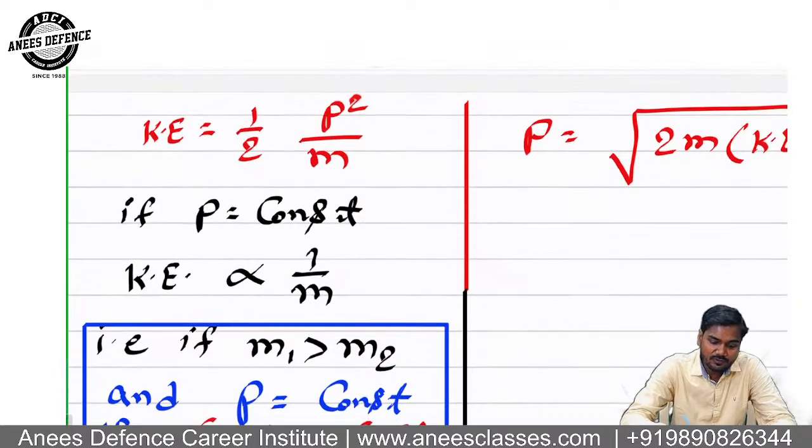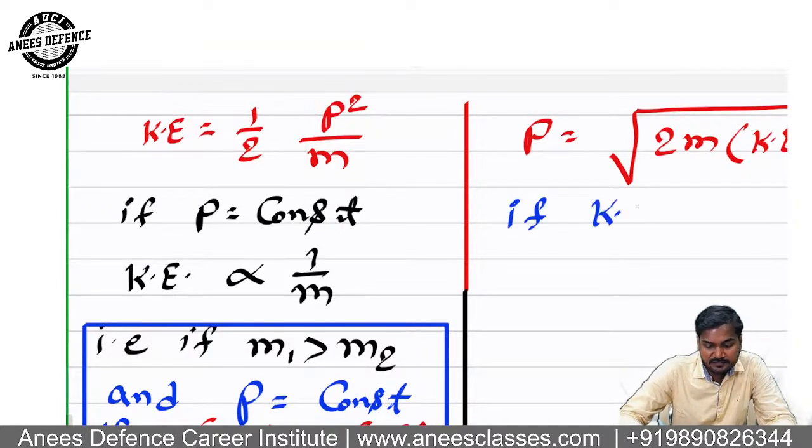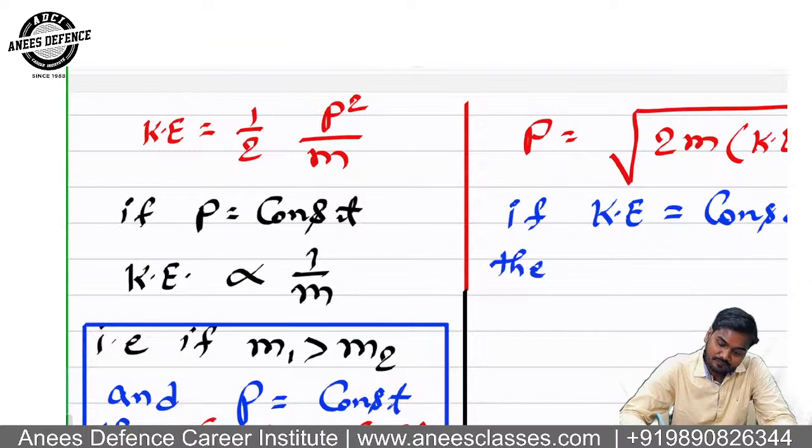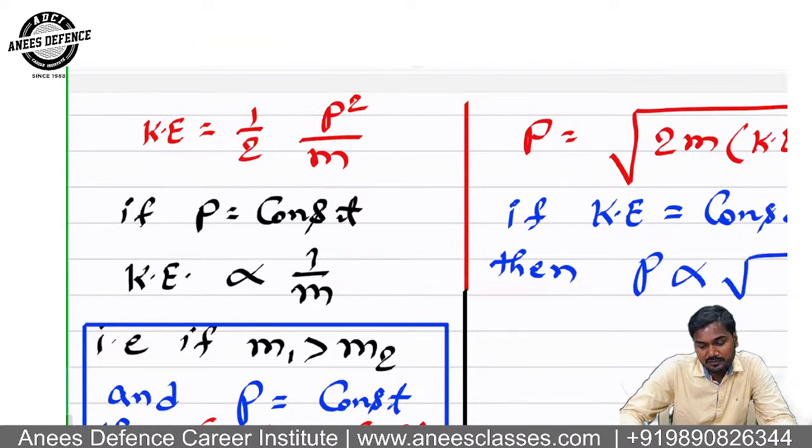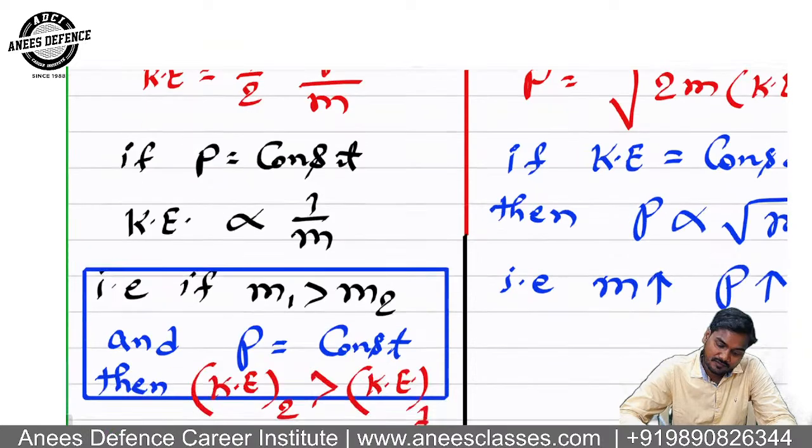Similarly, consider two conditions on this side. If the kinetic energy of both objects is constant, then linear momentum is directly proportional to root under mass. That is, if mass increases, linear momentum increases.